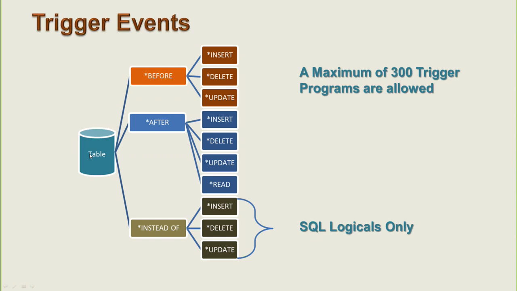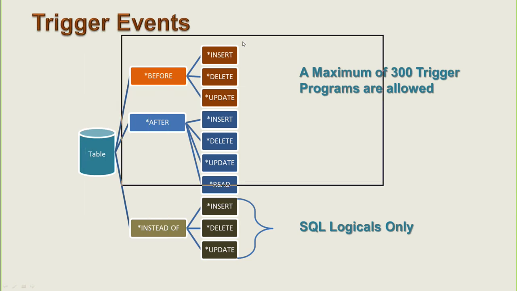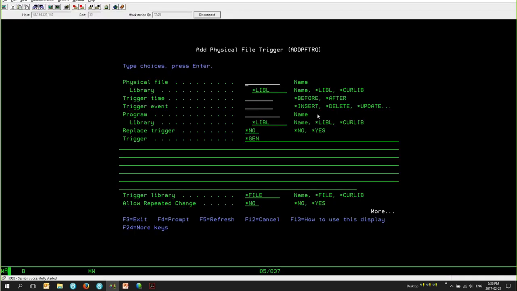Before the update to the table, or the insert, or the delete is actioned, if a trigger has been defined for that class or event or for time and event, if you look at it here, you will see there's a trigger time, before, after, and there's a trigger event, insert, update.